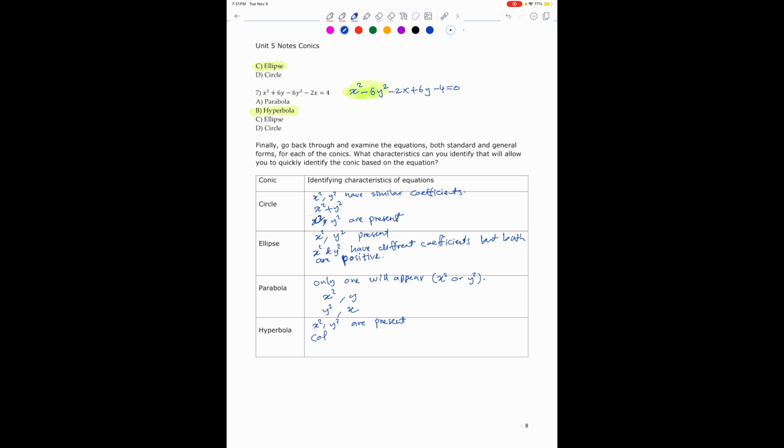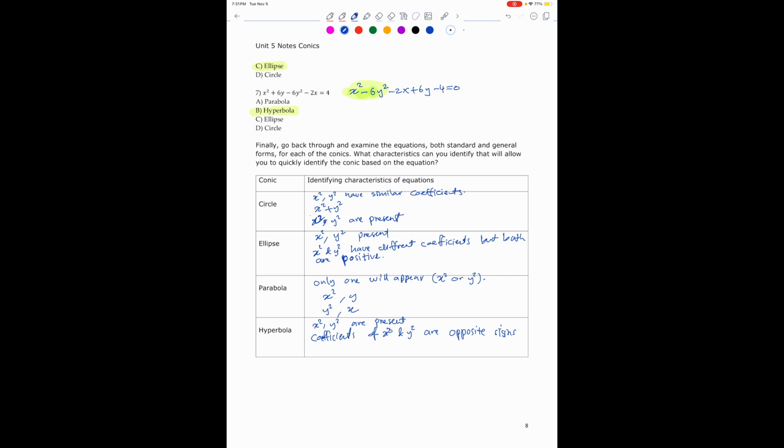So the coefficients of x squared and y squared have opposite signs. They can be the same, but they have opposite signs. One is going to be positive and the other one is going to be negative. They're not going to be the same sign. They can be similar to one another.